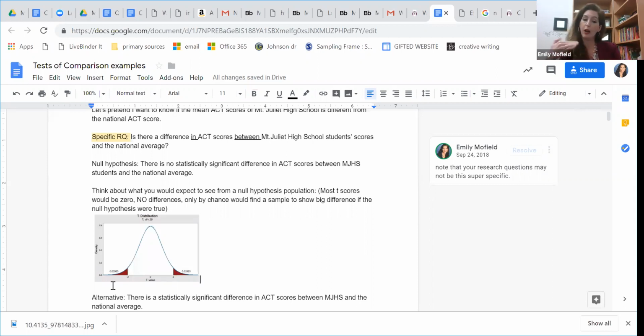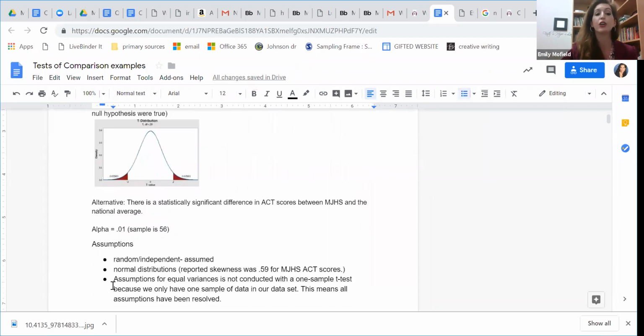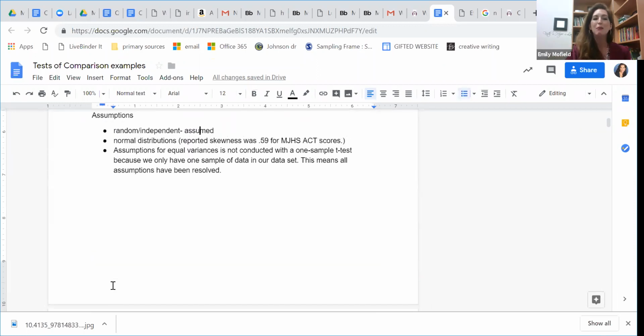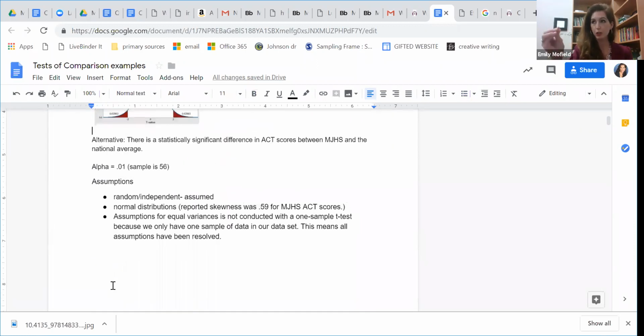Now I'm going to write out my alternative hypothesis just so you understand what I'm doing. What do I, as a researcher, expect to see? I expect to see that there is a statistically significant difference between ACT scores at Mount Juliet High School and the national average, the two groups I'm comparing.